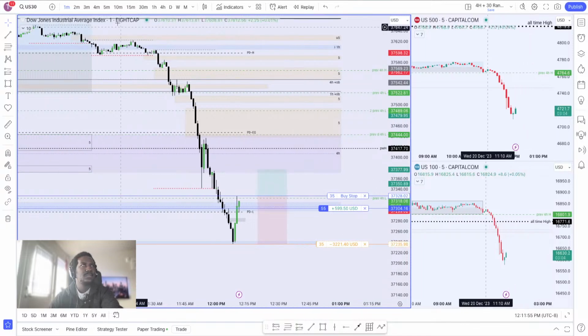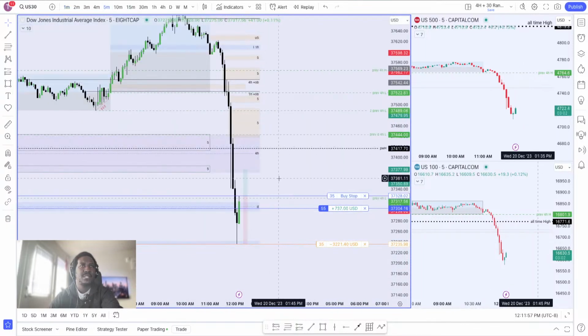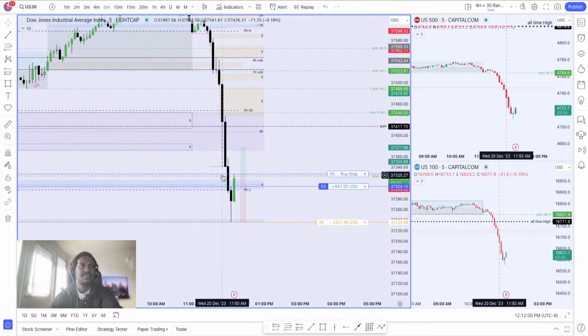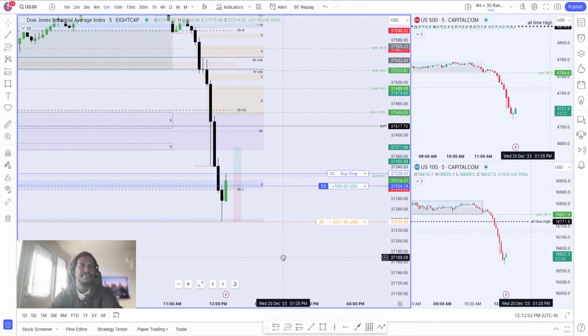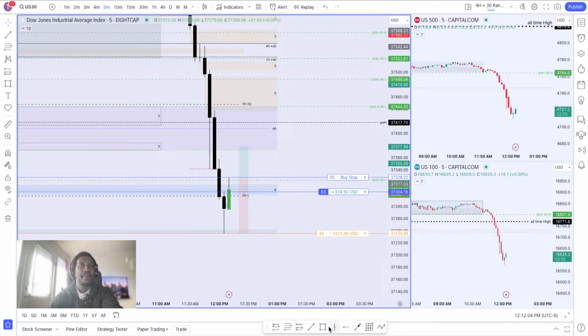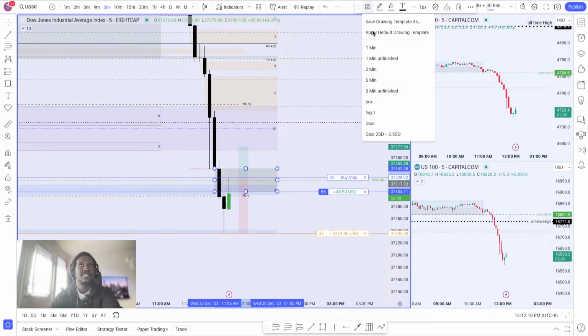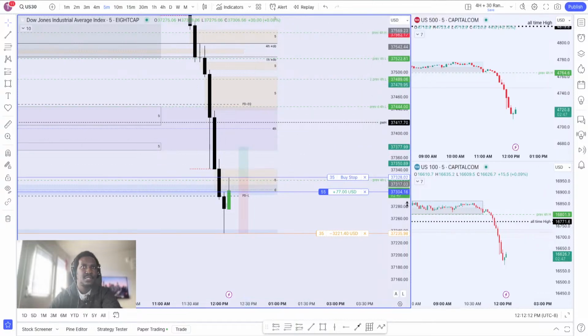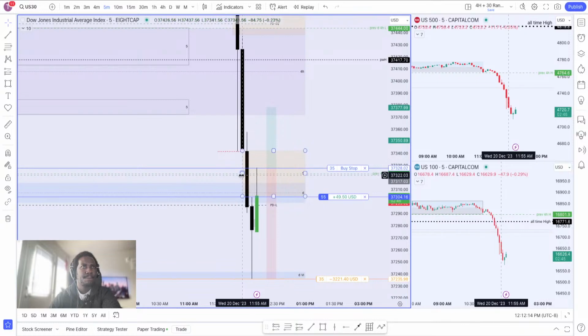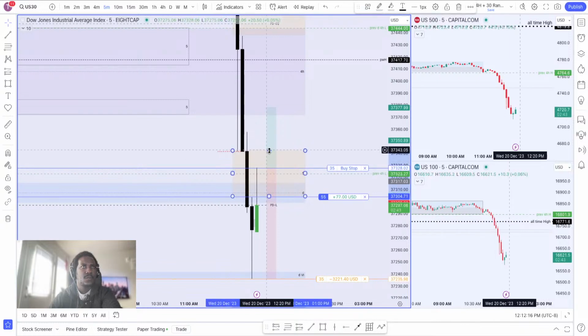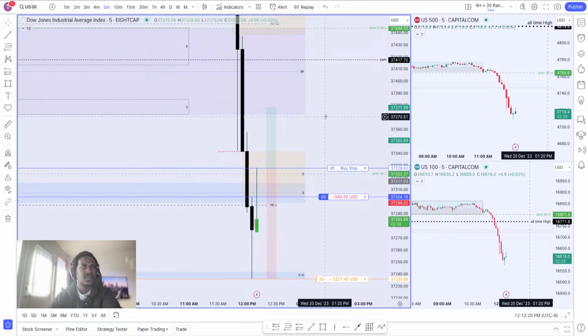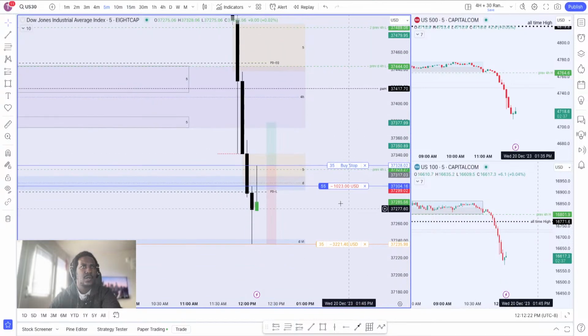Looking at the 5 minute, this is a 5 minute fair value gap over there. My chart today is marked like crazy, so this is too many drawings, but just bear with me. All those are levels.